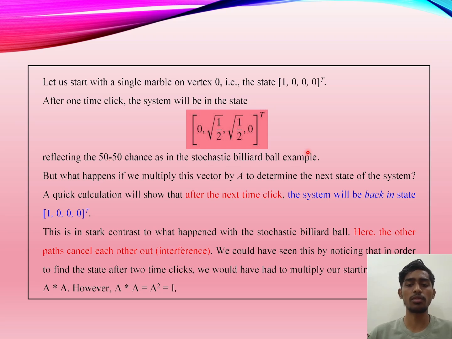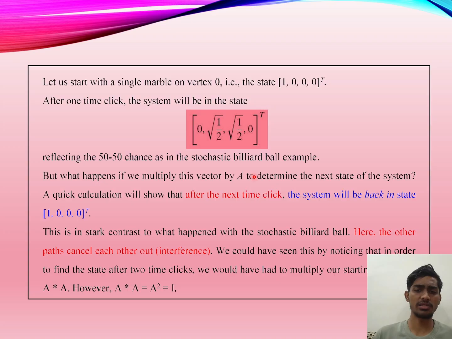As these are complex numbers, it has 50-50 chances of getting both values. So it has a 50% chance that the particle will move to another vertex, or it will stay on its own. But what happens if we multiply this vector by A?